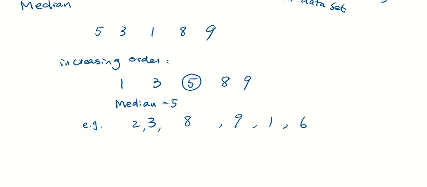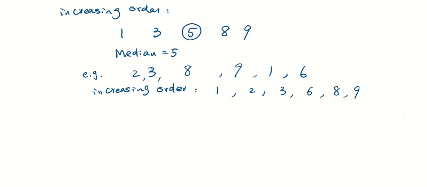Let's say 6. So this is my data. All right, I have 6 values here. So first I want to put all the values in increasing order. Starting from the smallest, 1. Next is 2, then 3, then it's 6, 8, and 9.